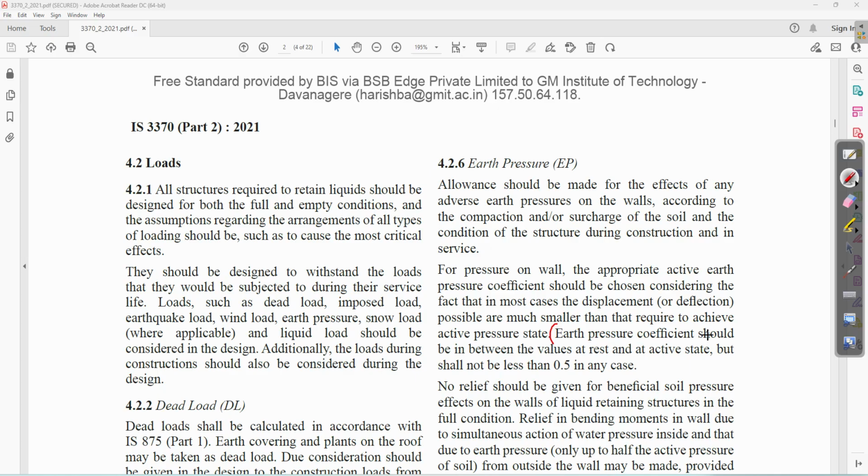Earth pressure coefficient should be in between the values at rest and at active state, but shall not be less than 0.5 in any case. So your coefficient of earth pressure Ka should not be less than 0.5 in any case. So this is as per IS 3370 part 2, 2021.